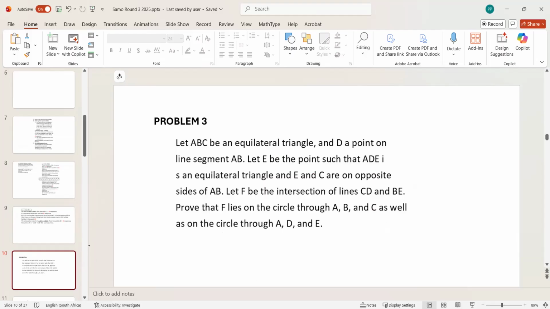Oh, this is a geometric problem. The problem says ABC is an equilateral triangle, and D is a point on the line segment AB. So we choose a random point on that line segment. So you got an equilateral triangle.